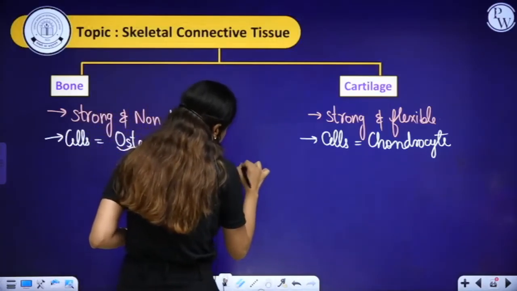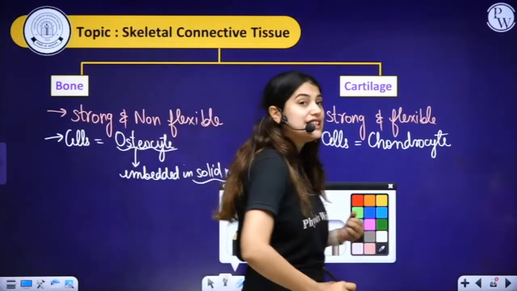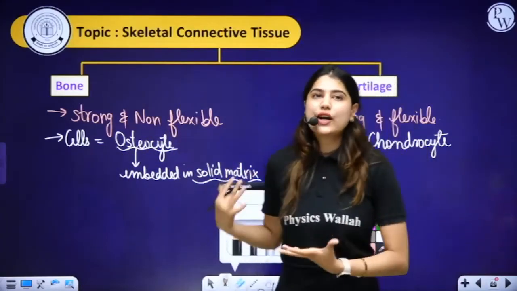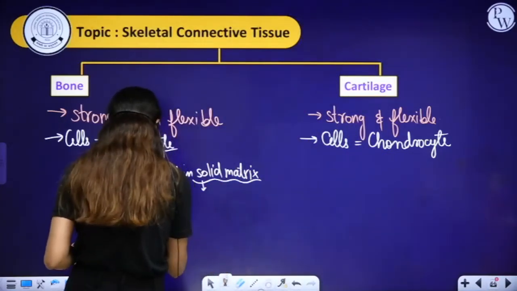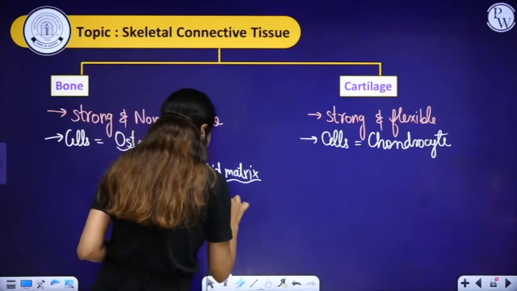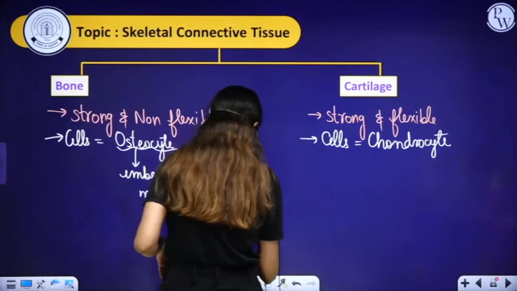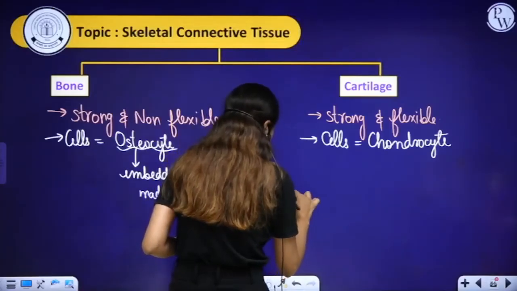And this matrix of bone, it is made up of calcium and phosphorus. Therefore, they are so strong because they have calcium and phosphorus in their bone. So they have calcium and phosphorus present in their matrix, which makes them strong.